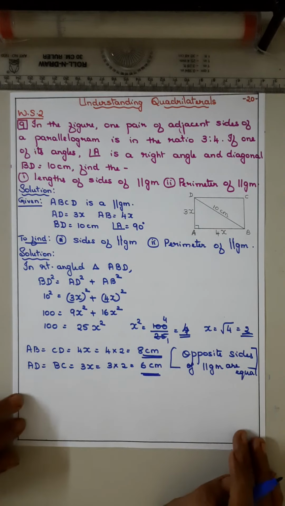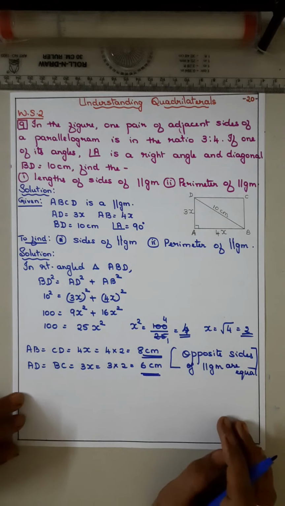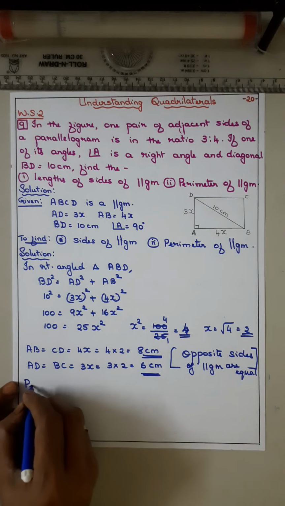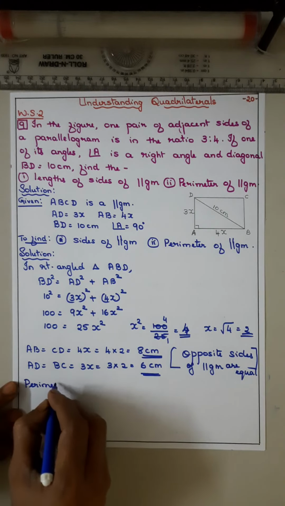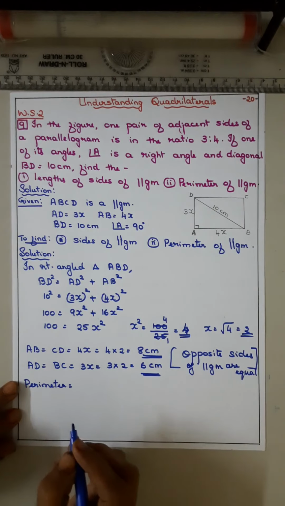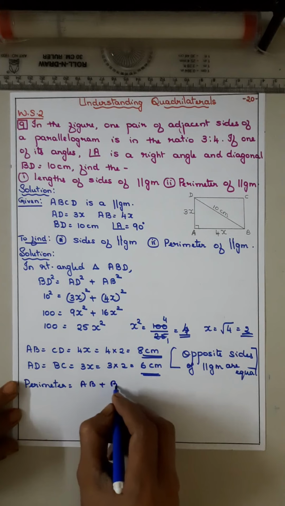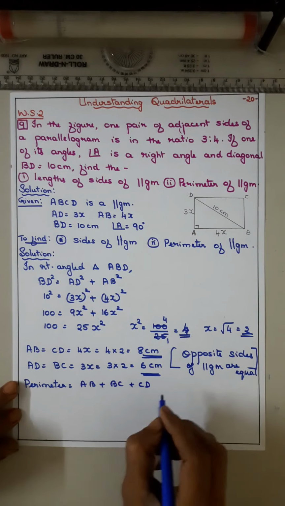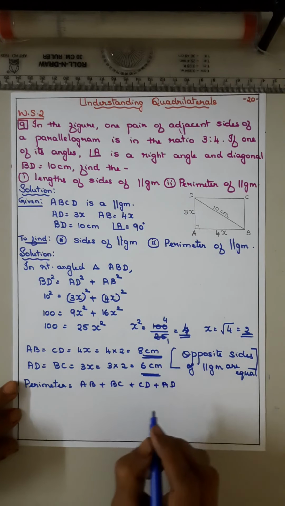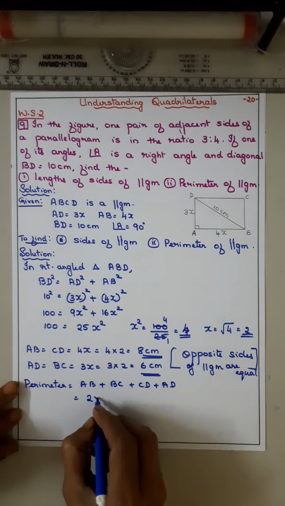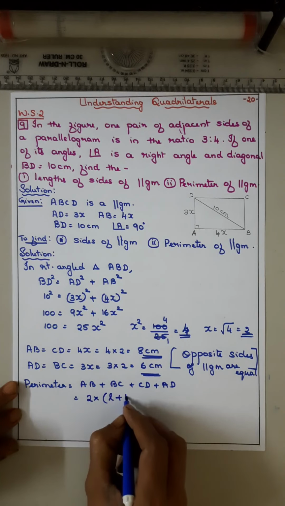You got the sides. Now, perimeter is equal to AB plus BC plus CD plus AD, or you can also write 2 into length plus breadth.